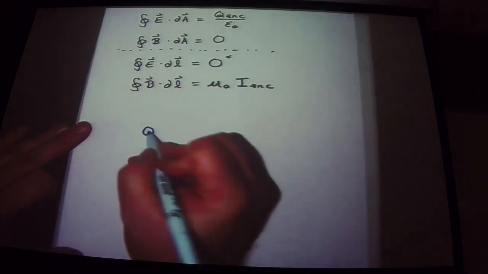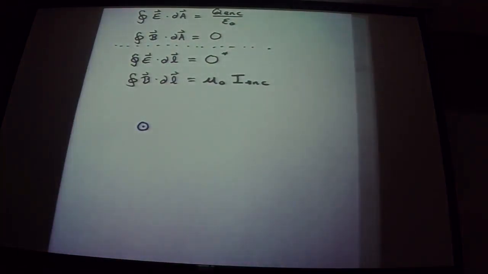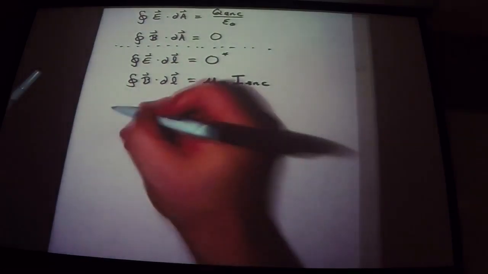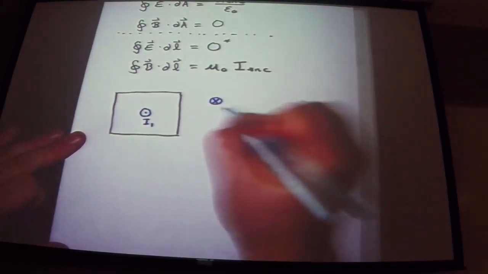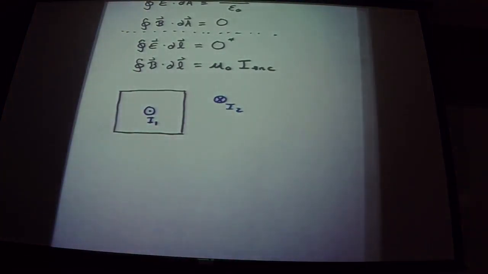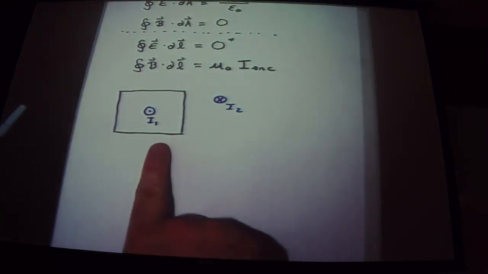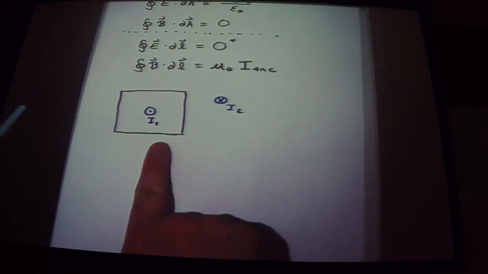So if I took a long straight wire with current I1 coming out of the page, and I integrated around this square, with I2 over here going into the page, the integral around that square will be mu naught multiplied by I1.